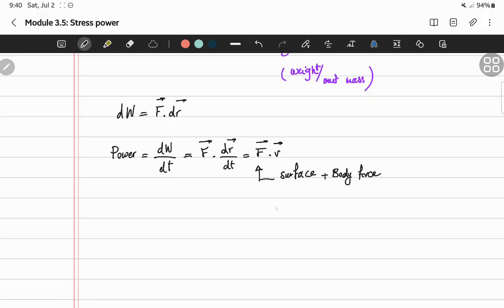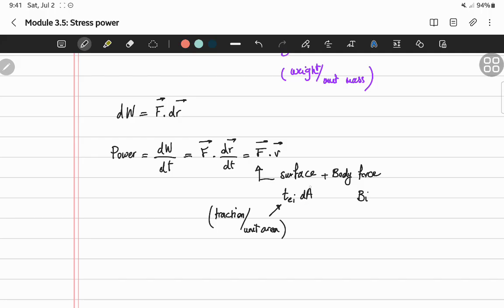So these surface forces are the tractions, TEi, it's better to write. These TEi are traction per unit area.